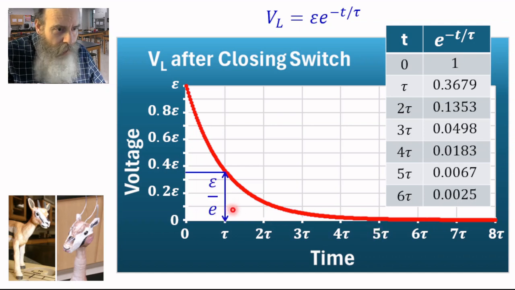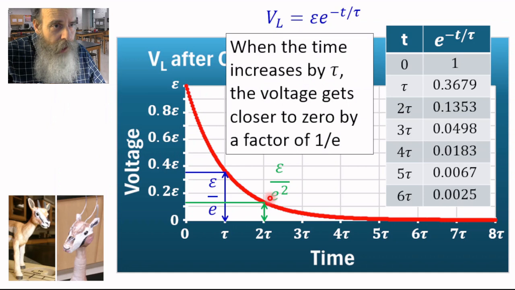When t equals tau, the voltage is EMF over e. When t is 2 tau, the voltage is EMF over e squared. When the time increases by tau, the voltage gets closer to 0 by a factor of 1 over e. So at 3 tau, the voltage is the EMF over e cubed.